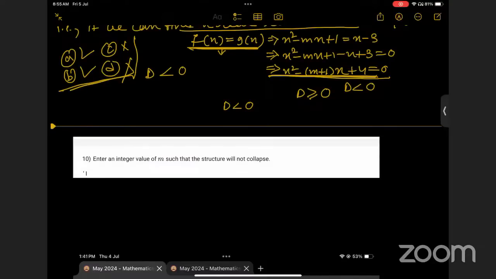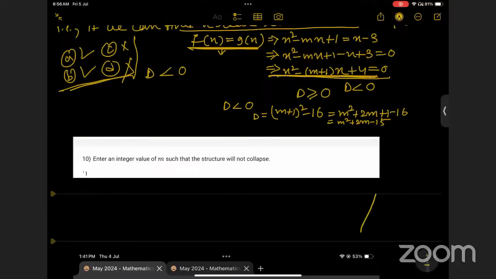So if we find the discriminant of this one, it will be (m plus 1) squared minus 16, right? If we expand this, it will be m squared plus 2m plus 1 minus 16, which is m squared plus 2m minus 15.